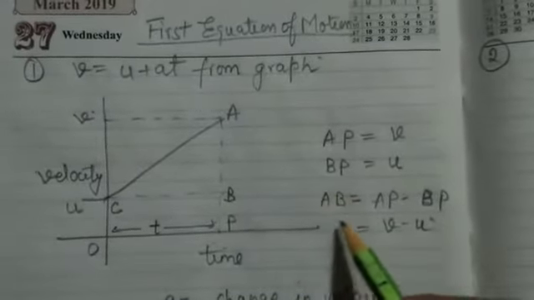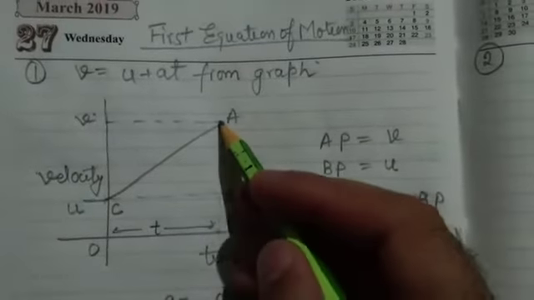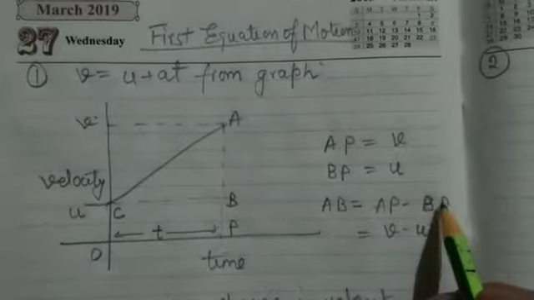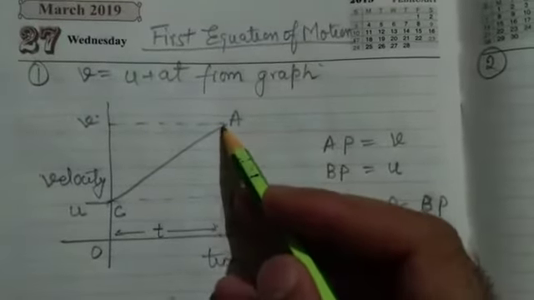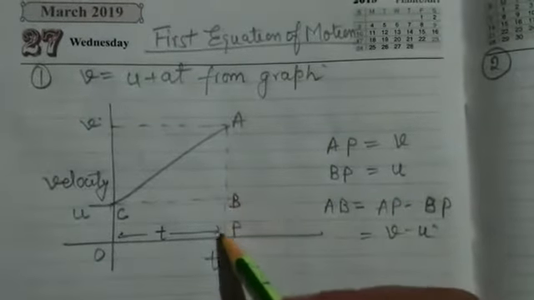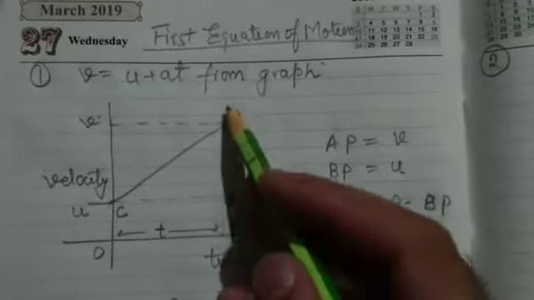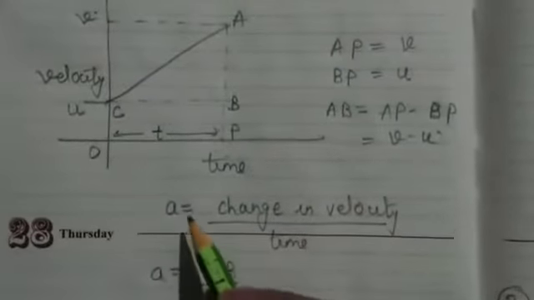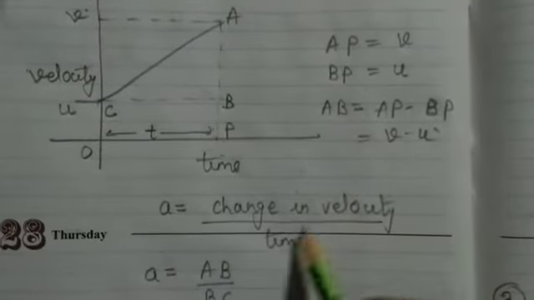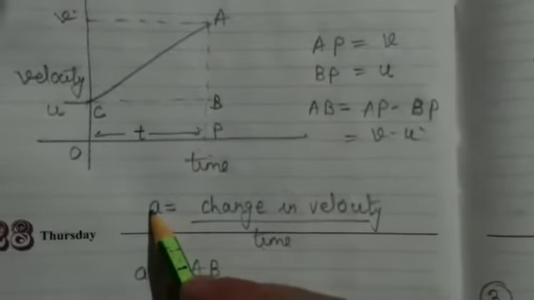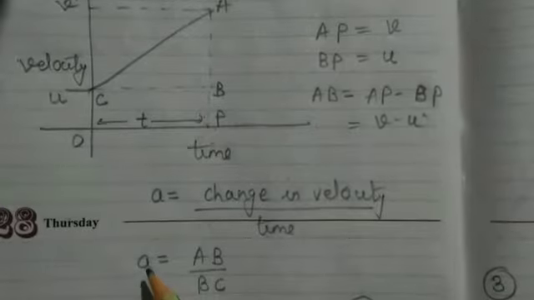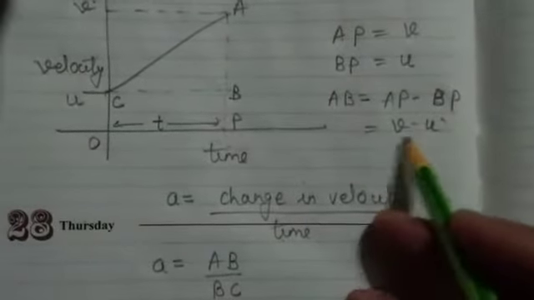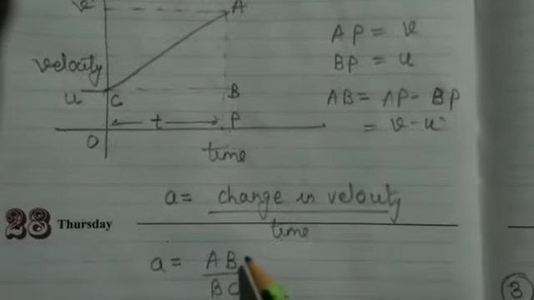Now AB, that is from here to here, we can say it is AP minus BP, that is AB is AP minus BP. Or we can say AB is equal to V minus U. Now we know acceleration is equal to change in velocity divided by time. A is acceleration. So we can say A is equal to, now what is the change in velocity? It is V minus U, that is AB.